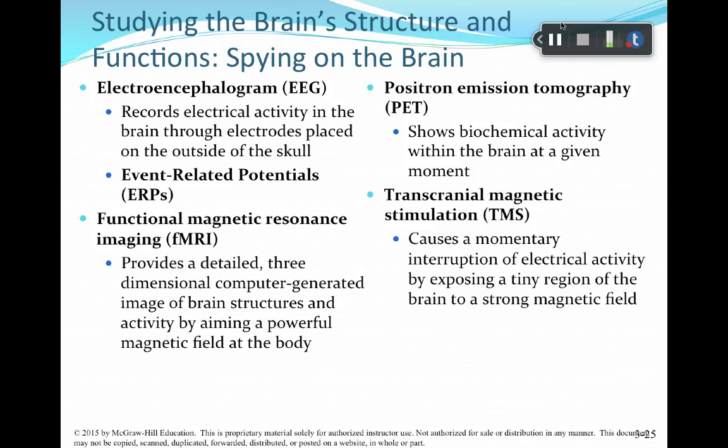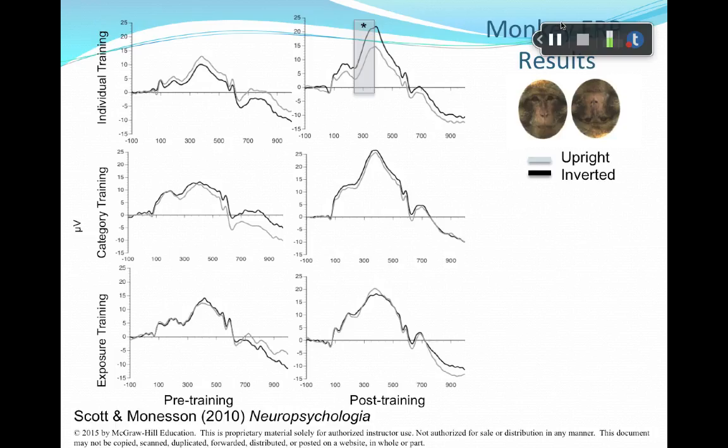With animals, you can do models where you actually put electrodes inside the skull or in the brain itself. fMRI can tell us where in the brain is being activated based on a stimulus. PET and transcranial magnetic stimulation is another way to do this. And this is an area of neuroscience research that's constantly evolving, the methodology that we're using to study the brain.